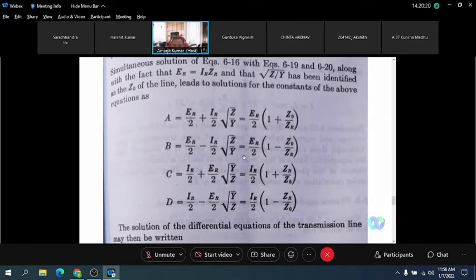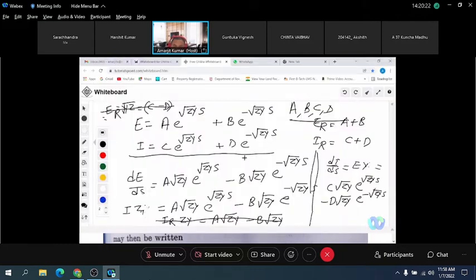And one more thing. We had written at S is equal to 0, we had taken E is equal to ER, voltage at the receiving end. Current at S is equal to 0 is equal to IR. How are ER and IR related?